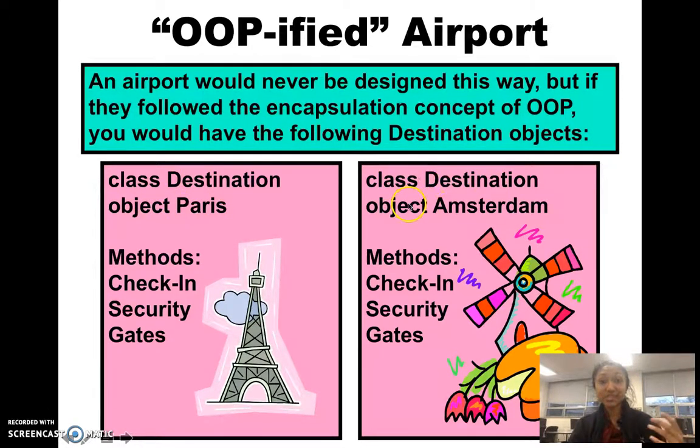Class Destination, an object is like Amsterdam, okay? The methods that you can have are check-in, security, gates. Do we see how the things are sort of packaged? The objects are Paris and Amsterdam, and the objects have certain methods associated with them, and overall the class is Destination.